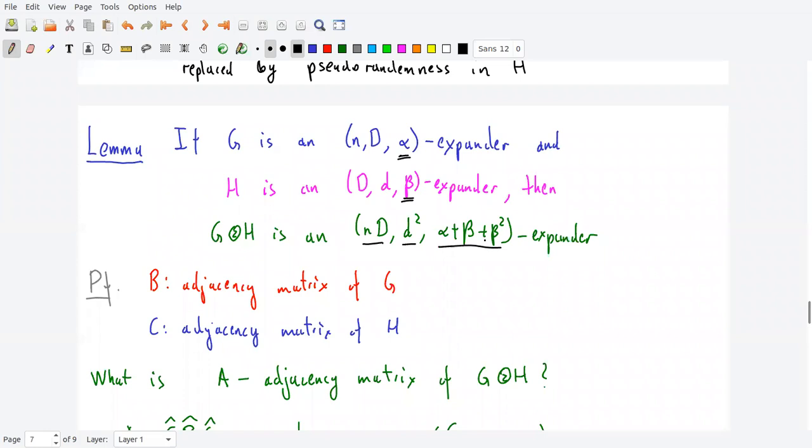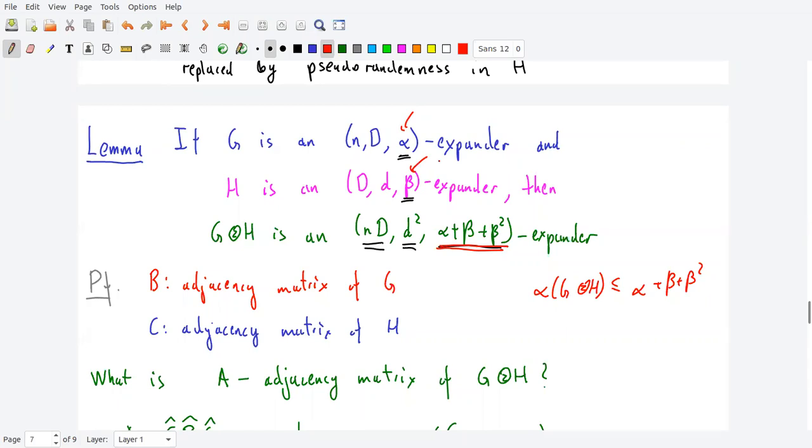These two properties are clear, because the number of vertices just multiplies. We have already seen that this is a D square regular graph. So what we need to prove is that the alpha of G zigzag H is bounded by alpha plus beta square, where alpha and beta are the spectral parameters of G and H respectively.